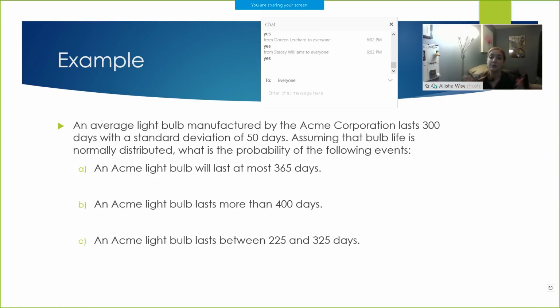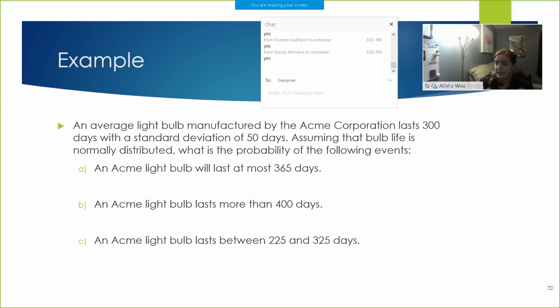So this is what I was talking about with application. So let's say an average light bulb manufactured by the Acme Corporation lasts 300 days with a standard deviation of 50 days. Assuming that the bulb life is normally distributed, what is the probability of the following events?